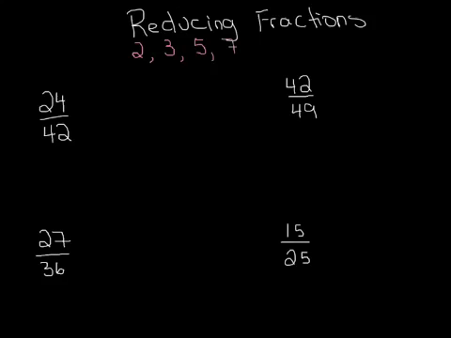Now those aren't the only numbers you can try dividing by. Some people like to try dividing by 4 or 6 or 8 or 9 or 10, any of those higher numbers.